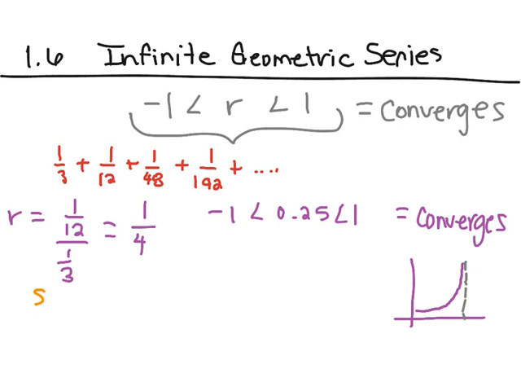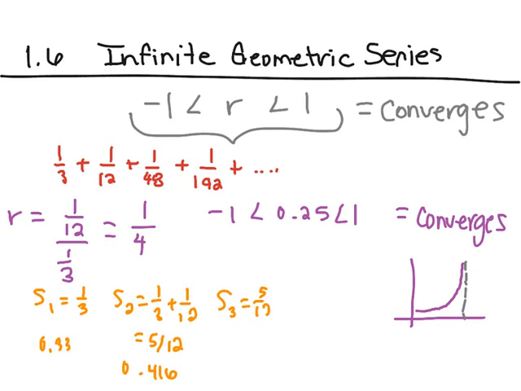Sum of 1 would equal 1/3, which is 0.333. Sum of 2 is equal to 1/3 plus 1/12, which is 5/12, which is 0.416. Sum of 3 would be 5/12 plus 1/48, which is 7/16, which is 0.437.